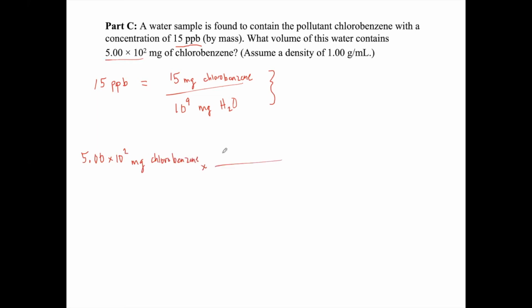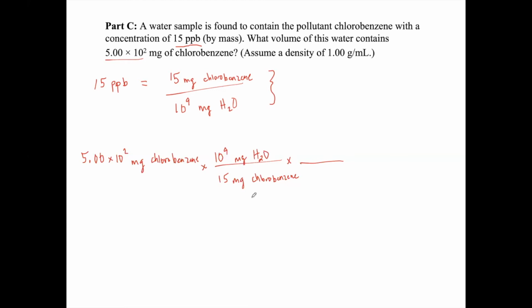Now we know that there's 15 milligrams of chlorobenzene in 1 billion milligrams of water. The density of water is 1 gram per milliliter.